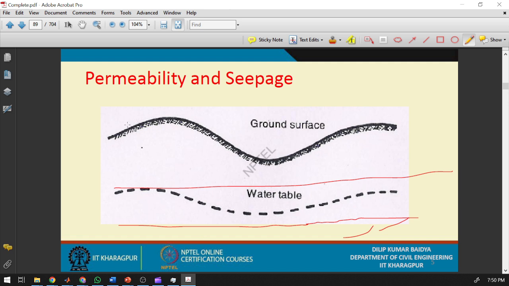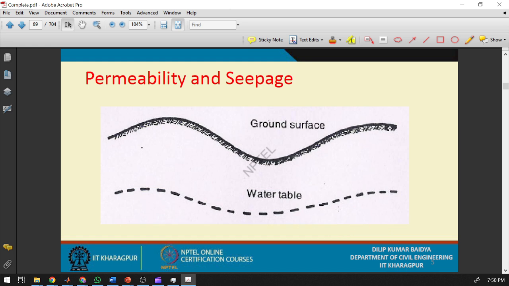That is because of the pores of the soil that we have, the suction that is created in these pores when it is in equilibrium with the atmospheric air. It is based on this elevation of the ground. That is why it will gently, ever so gently, mimic the shape of the ground surface.